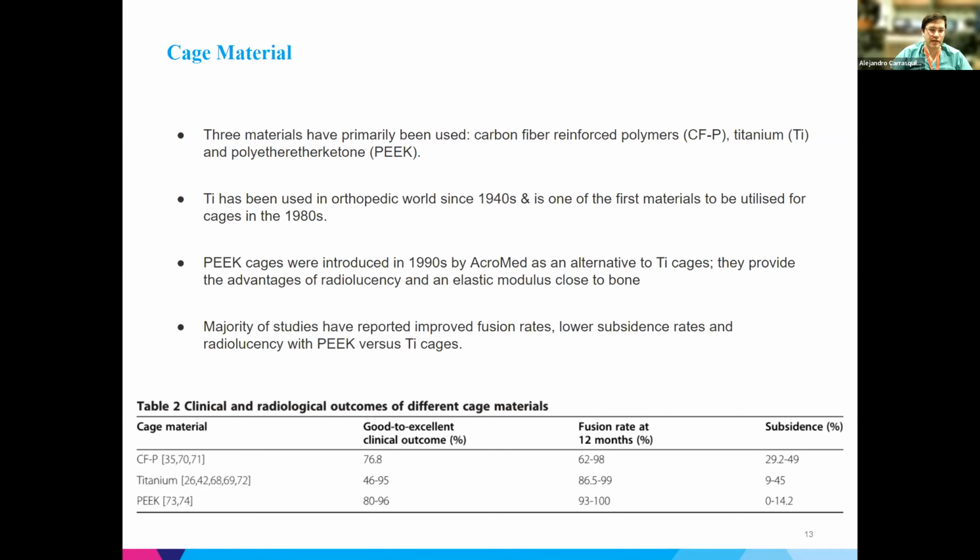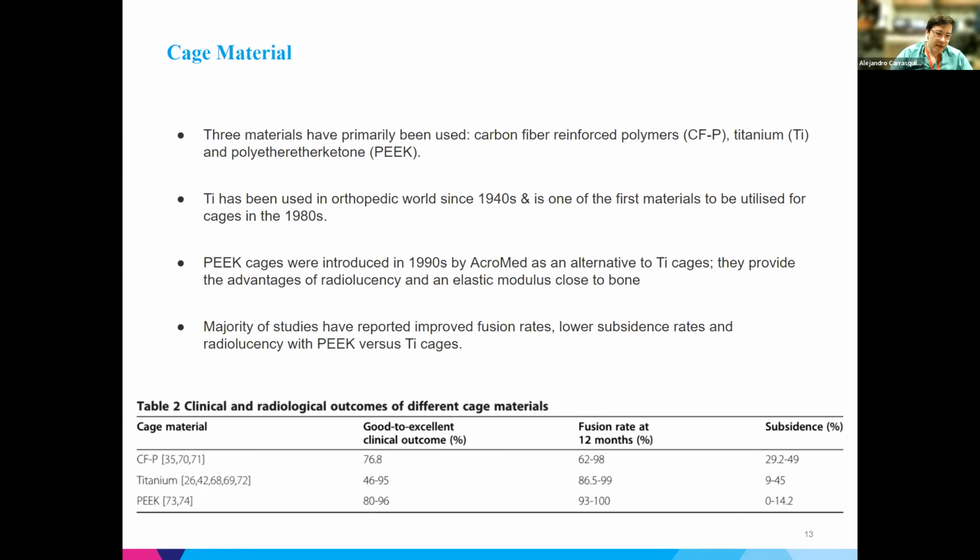So the majority of studies have reported improved fusion rates, lower subsidence rate, and radiolucency with the PEEK cages versus titanium. We know from experience with cranioplasties and using PEEK elsewhere that perhaps the titanium is a little bit more resistant to bacteria and propagation of infections.